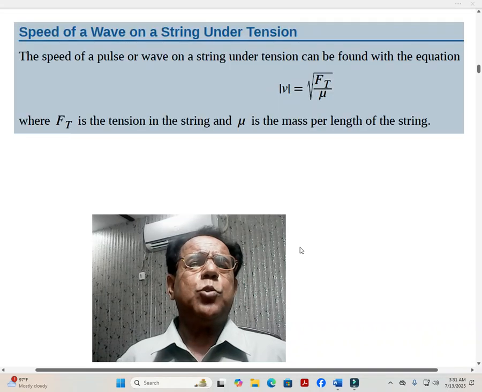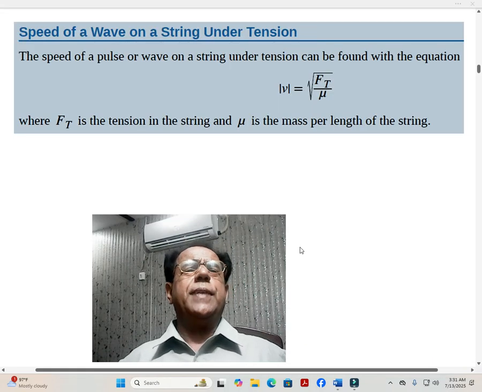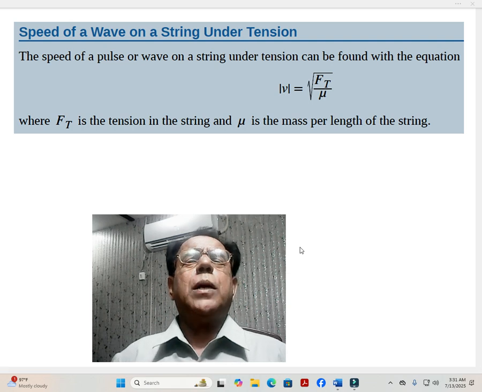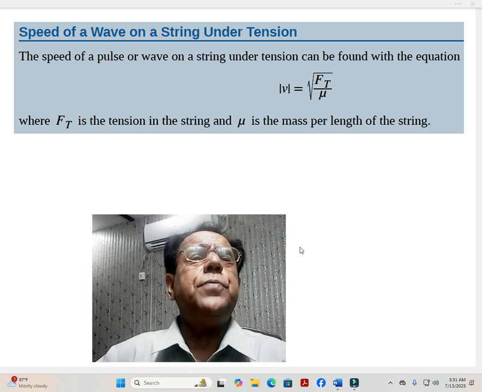This is the next snapshot, also a repetition of the same philosophy chosen from another book. Speed of a wave on a string under tension.